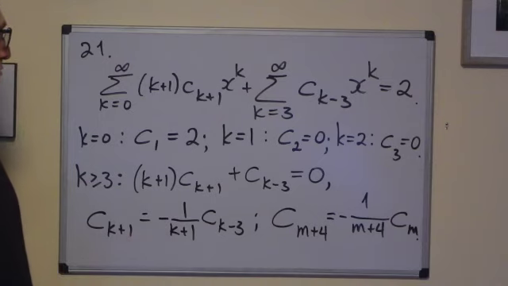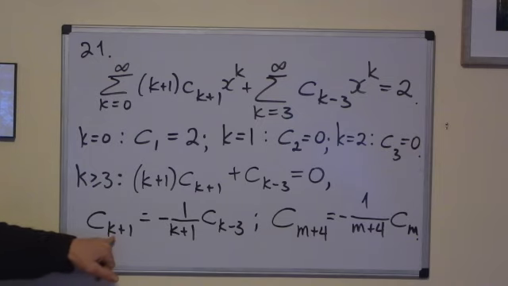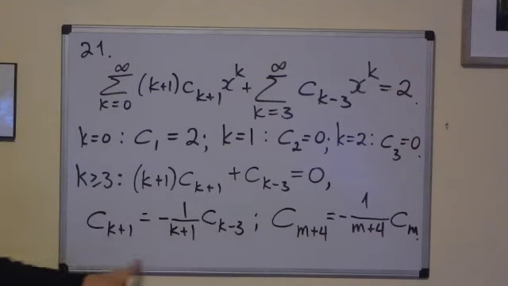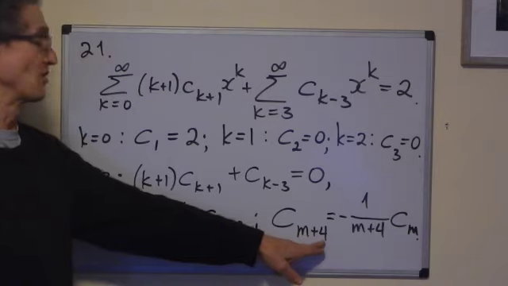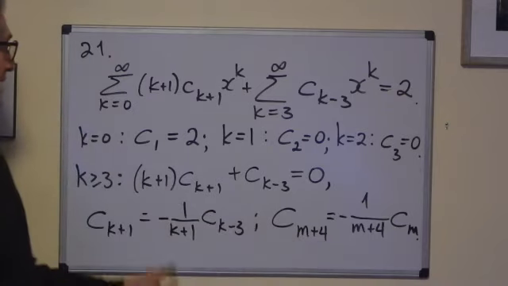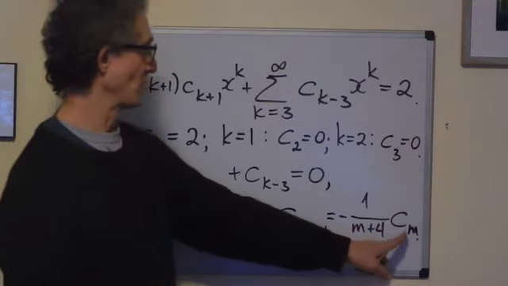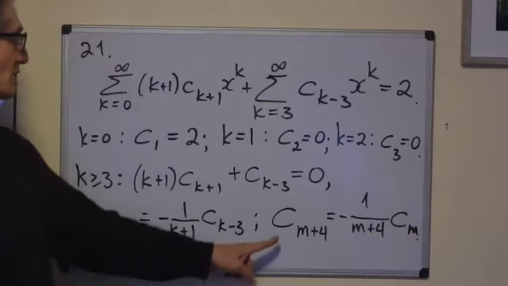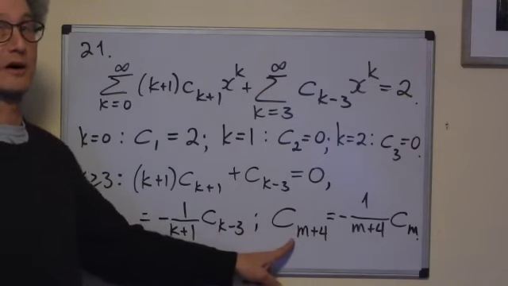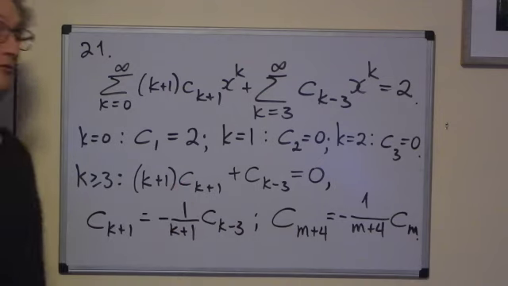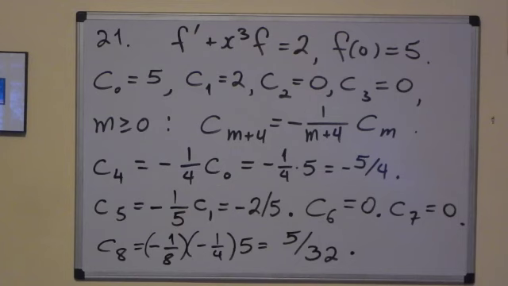Or I've rewritten it here: the difference between k plus 1 and k minus 3 is 4, and so I've rewritten it in that form. If you move up 4 coefficients, you have minus 1 over m plus 4 times c sub m. And now here, m is allowed to be 0, 1, etc. And so that gives us a relation among the coefficients.